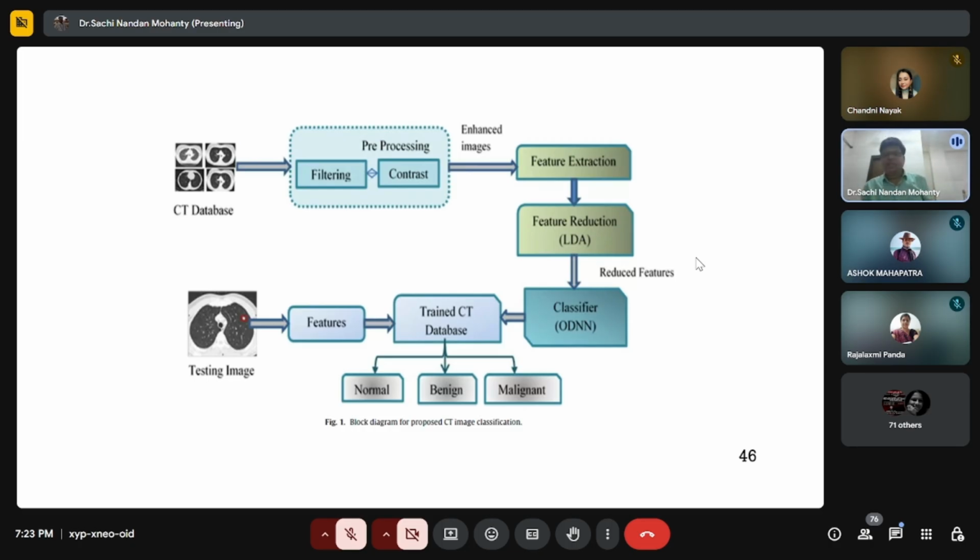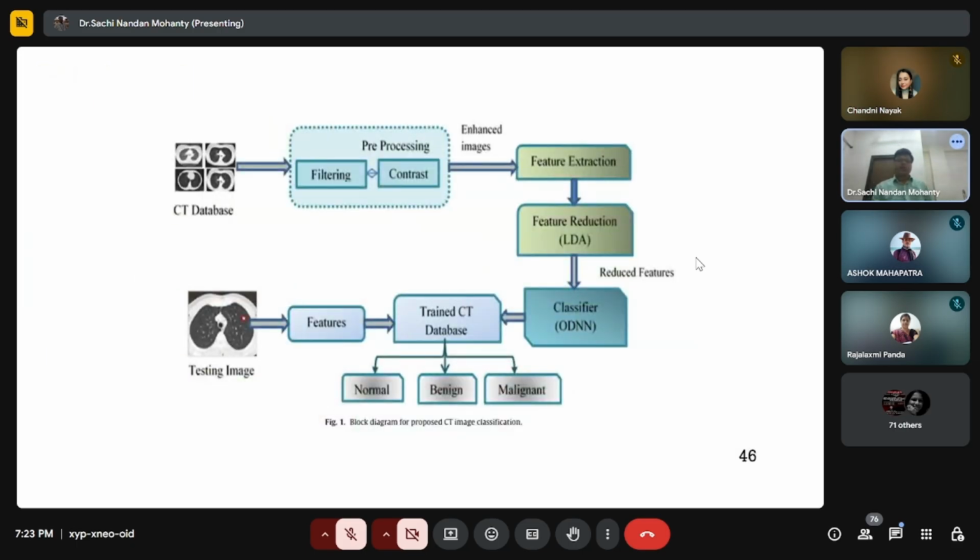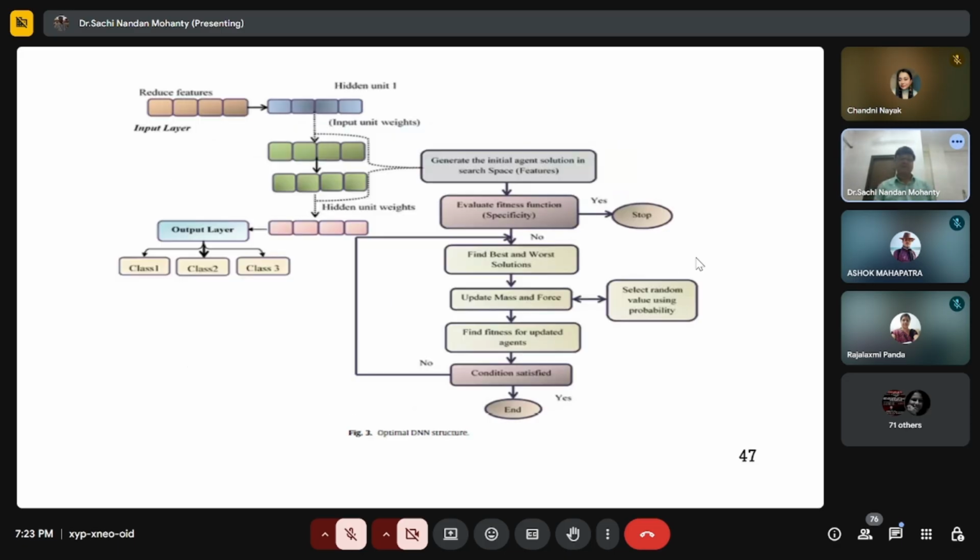This CNN is nothing but the optimal deep neural network, and the optimal deep network takes the features. The features we collected by these three methods are histogram features, texture features, and wavelet features. Then our result revealed a three-class problem: normal, benign, and malignant, and on the basis of the three-class problem, you can identify which one is benign and which is malignant.